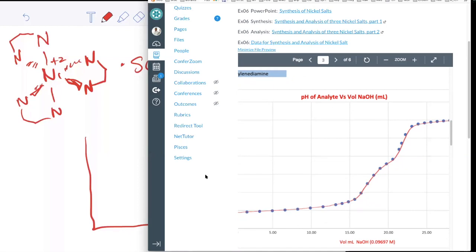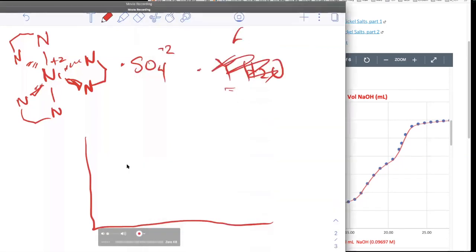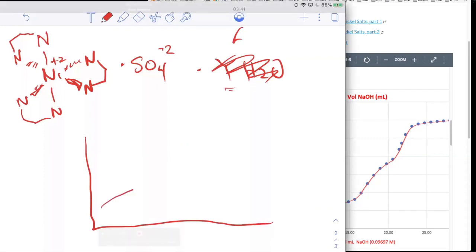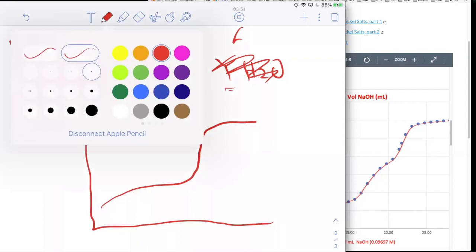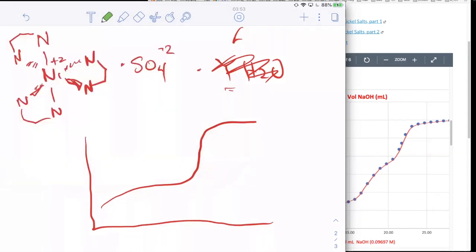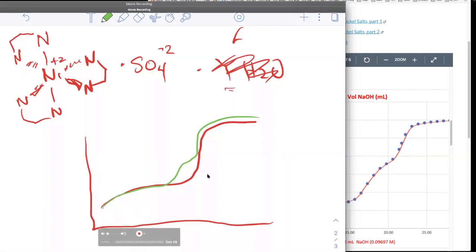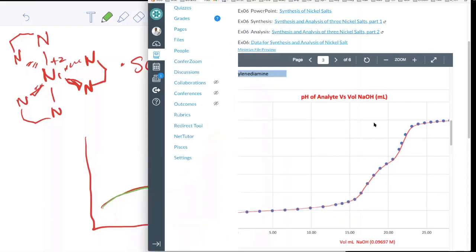It's not the classic titration curve that you guys have seen, where there's one inflection point like that. Okay. What you see in this titration curve is a titration curve that looks like this. And so you might say to yourself, hey, it's got two inflection points, and it does.